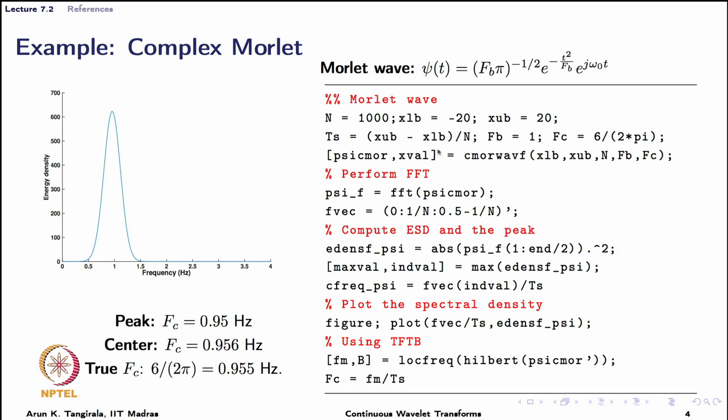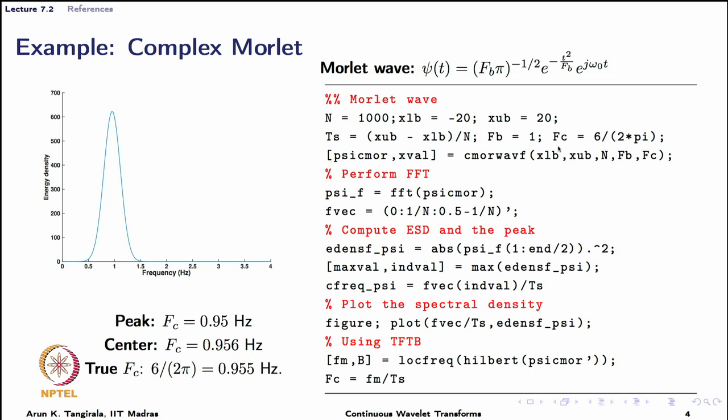The first 3 lines here generate the complex Morlet wave for me, where I have used the cmorwavf routine in the wavelet toolbox that comes with MATLAB's 2014b release. And I compute this Morlet wave over a grid of 1000 points in the interval minus 20 to 20 in time.